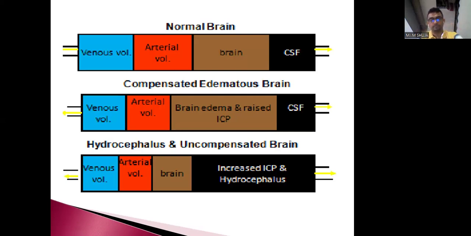If there is a brain edema, the brain tissue increases, the water increases, so it increases the intracranial pressure. So the blood and CSF are reduced up to a certain limit, because we need cerebrospinal fluid and blood for the supply of the brain.